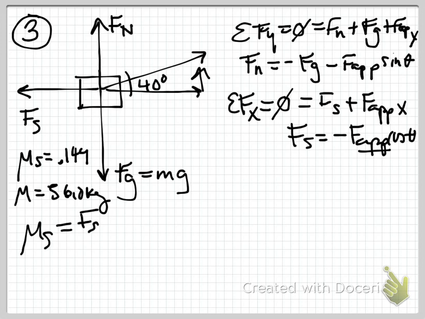Mu s equals fs over fn. Mu s fn equals fs. And I went to plug all of this into here, and what I ended up with was applied force on 2 sides of the equation. And I looked at it and went, I don't have it in me today. I get there too.